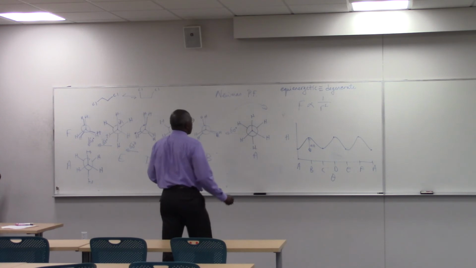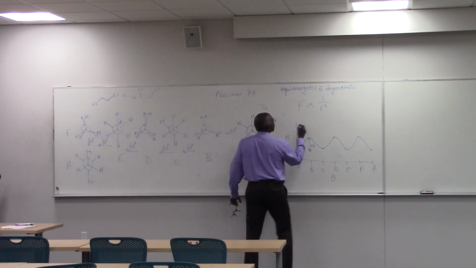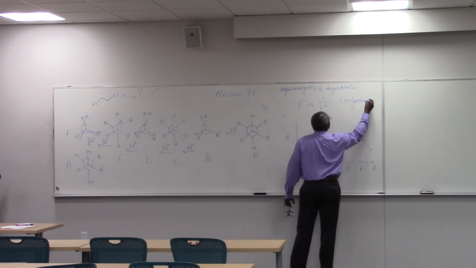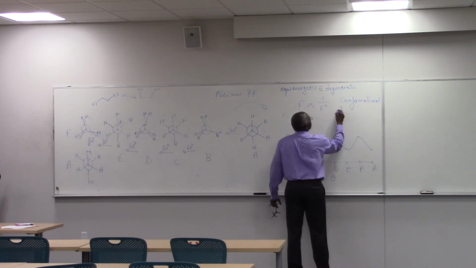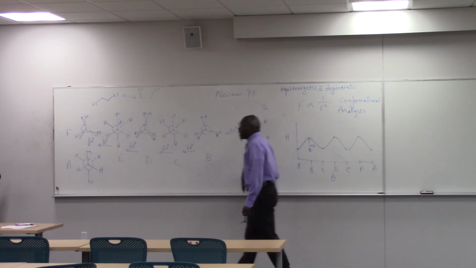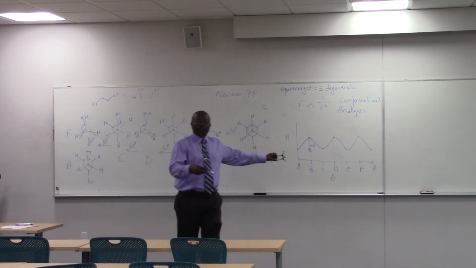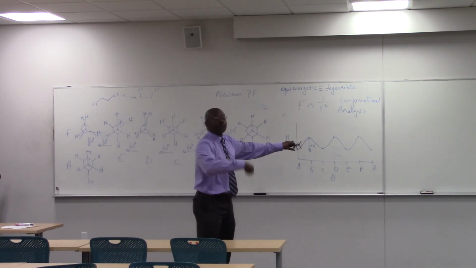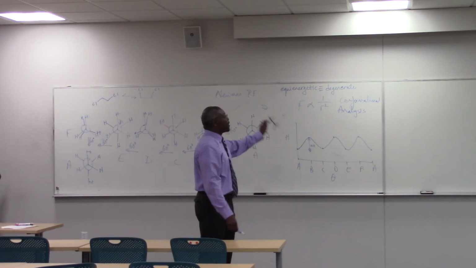If I asked you to do a conformational analysis, which is what I just did here, an energetic profile of the various conformers going through a full rotation of 360 degrees, it's called a conformational analysis.